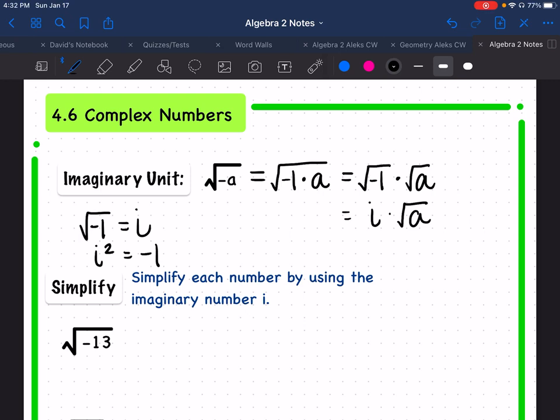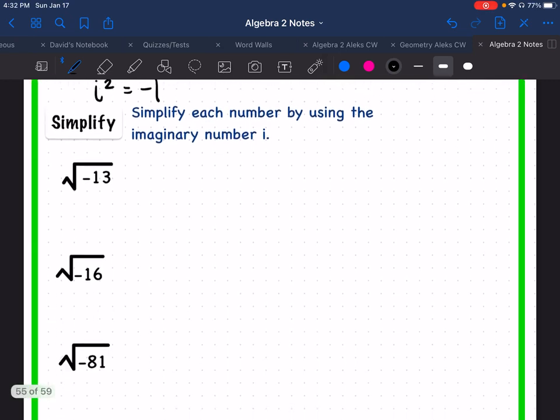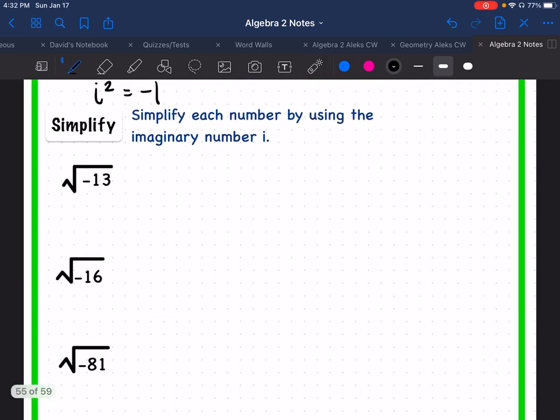Okay, let's go ahead and simplify each of these numbers by using my imaginary unit i. So whenever I see the square root of a negative number, I always think about it as -1 times that number. So there's where you're seeing that -1 times a. Then I can go ahead and think of it as this. And what I would actually put in any type of calculator would be the square root of 13.